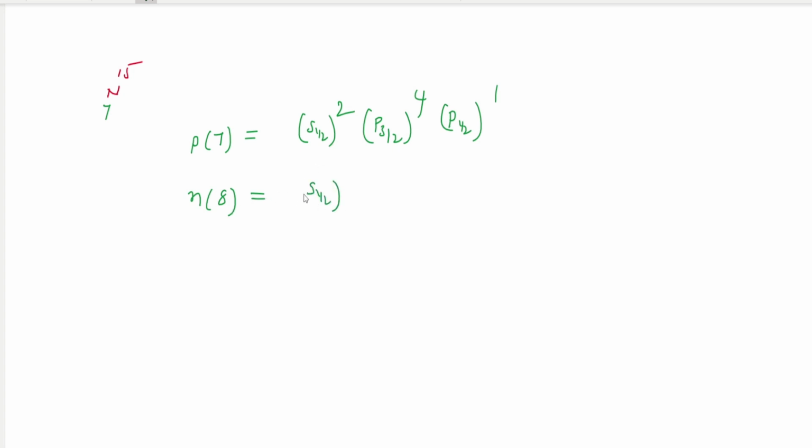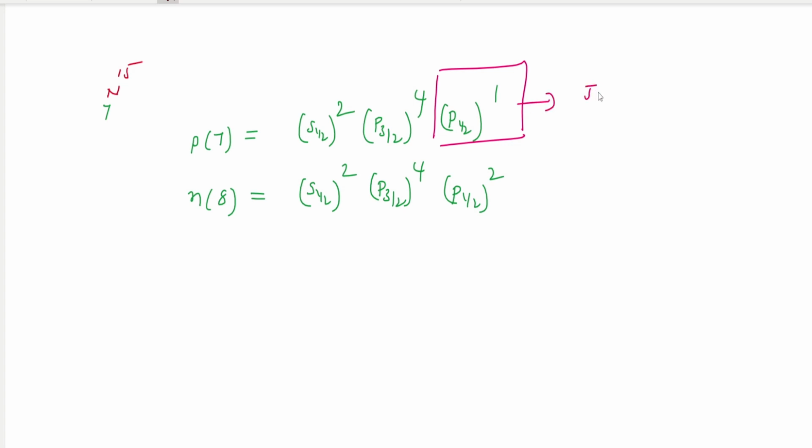S 1 divided by 2 power 2, P 3 divided by 2 power 4, P 1 divided by 2 power... So we need to focus only on the P state, right? This is only on the P state. So this is an even-odd nucleus, right? We need to find here what is J value.